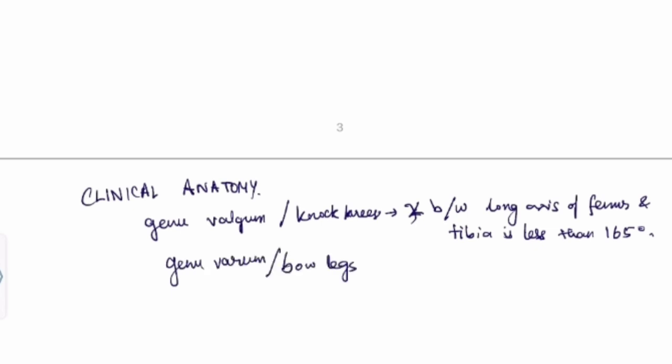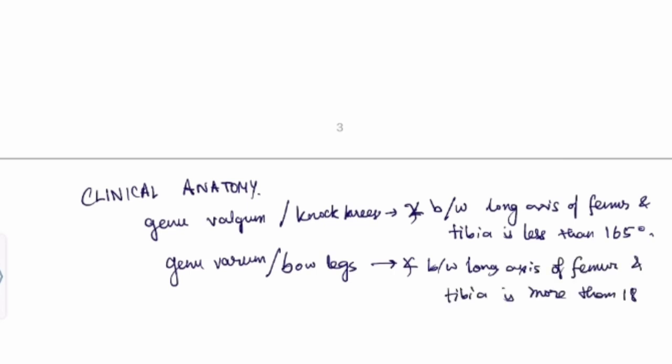Genu varum, also known as bowlegs: angle between long axis of femur and tibia is more than 180 degrees. What's the normal value? Normal angle 170 to 175 degrees.